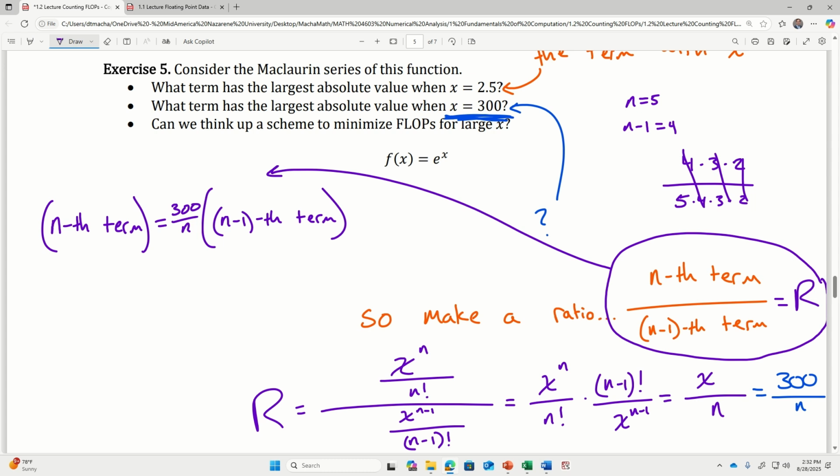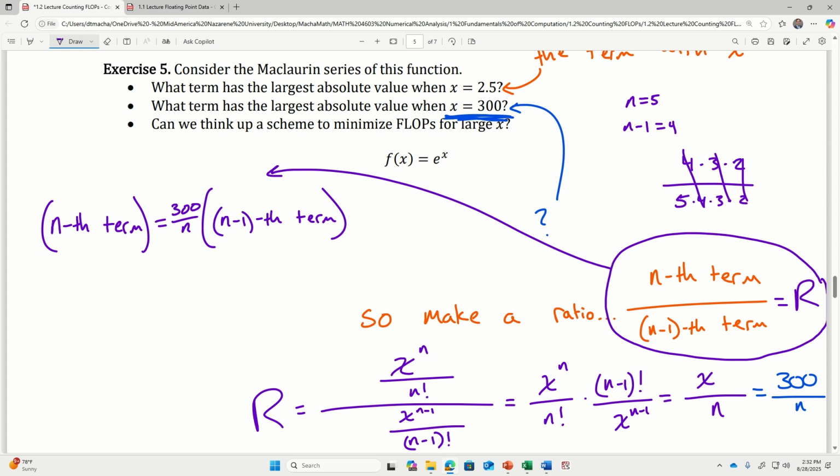If 300 divided by n is a number larger than 1, that means every term is larger than the term that came before it, right? And if this ratio 300 divided by n is less than 1, that means every term is less than the term that came before it, okay?